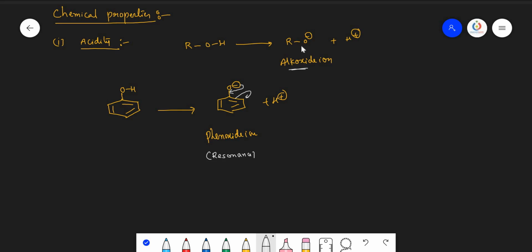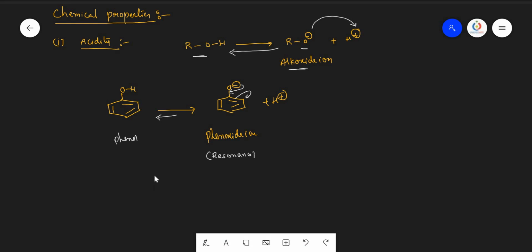So alkoxide is unstable. Since it is unstable, it immediately accepts the H plus ion, so that the reaction is more favorable towards the formation of the alcohol rather than the formation of the alkoxide ion. But in this case, phenol, if you take both phenol and phenoxide ion, it is more favorable towards the formation of the phenoxide ion rather than being in the form of the phenol.